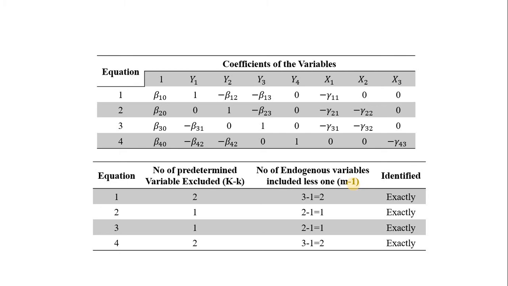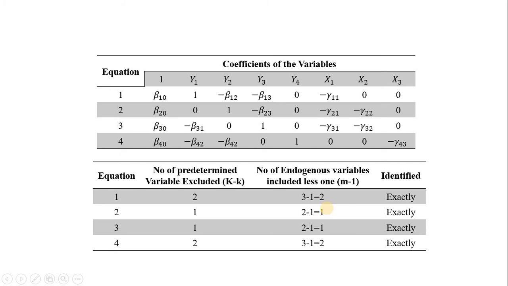Now look at the second equation. How many K minus k are there? Only one. X3 is the only one excluded. Then how many endogenous variables are included, less one? Two endogenous variables are included, less one. 2 minus 1 is equal to 1.